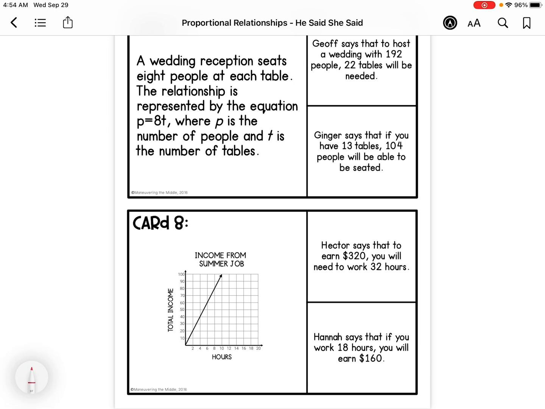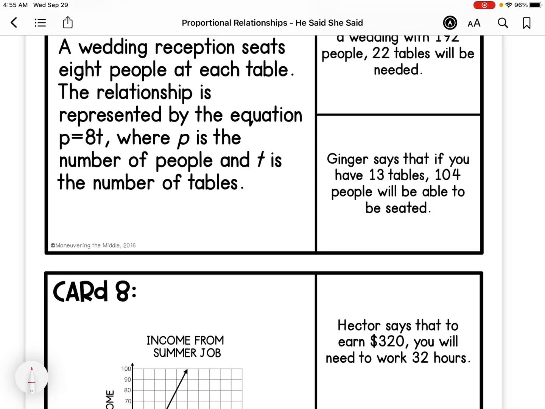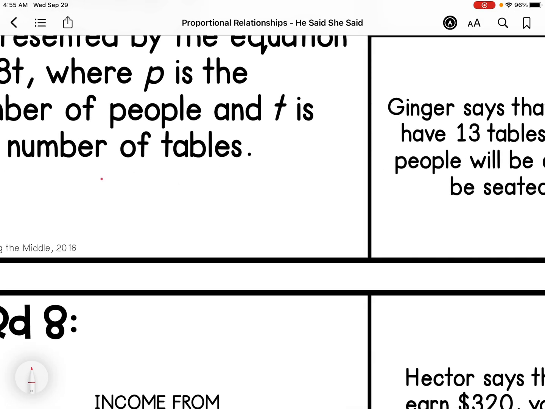A wedding reception seats 8 people at a table. The relationship represented by the equation is P equals 8T, where P is the number of people and T is the number of tables. So Jeff says that to host a wedding with 192 people, 22 tables will be needed. So let's see if that's right. 8 times 22 should give us the number of people.